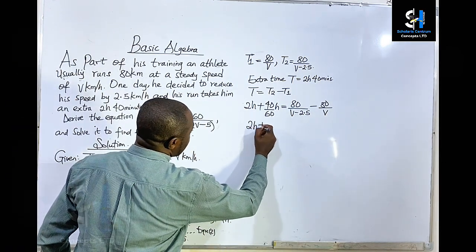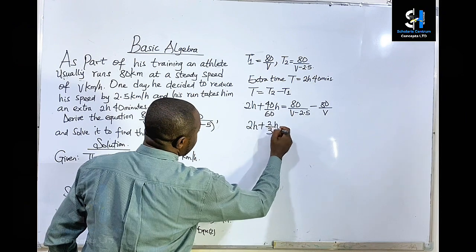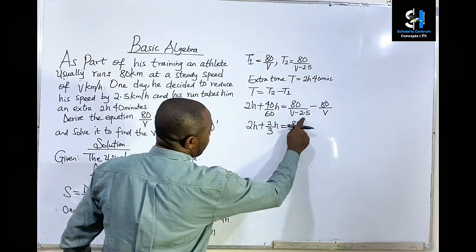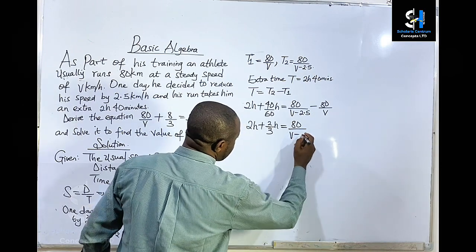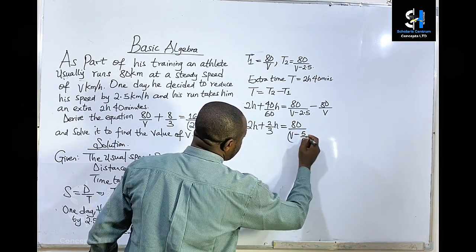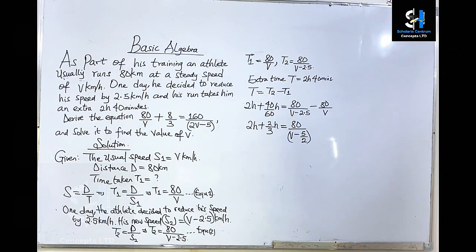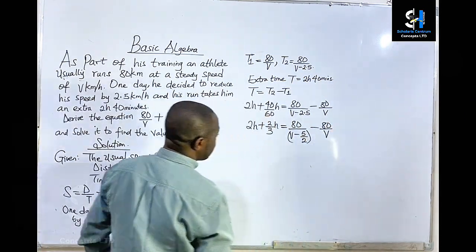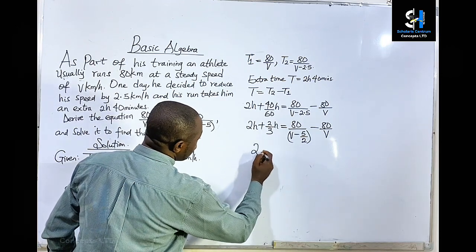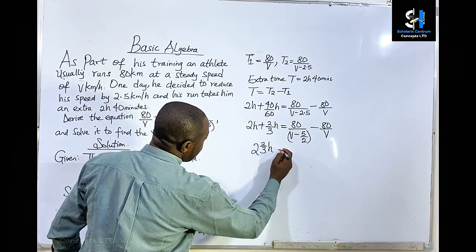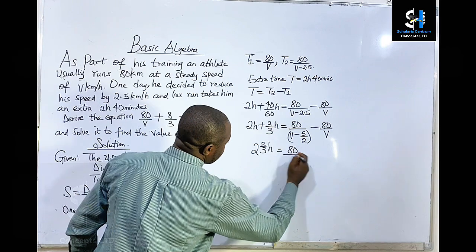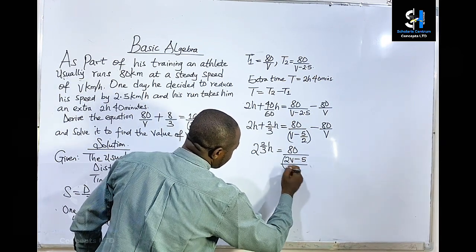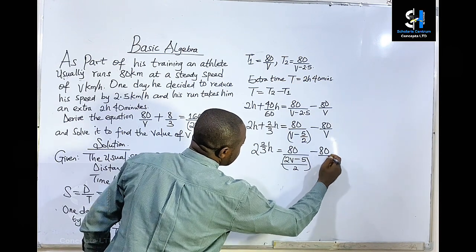This becomes 2 hours plus 2 over 3 hours equals 80 divided by, of course, V minus 5 over 2, since 2.5 is the same thing as 5 over 2, minus 80 over V. Now this becomes 2 whole number, 2 over 3 hours, and this becomes 80 divided by 2V minus 5 over 2, minus 80 over V.